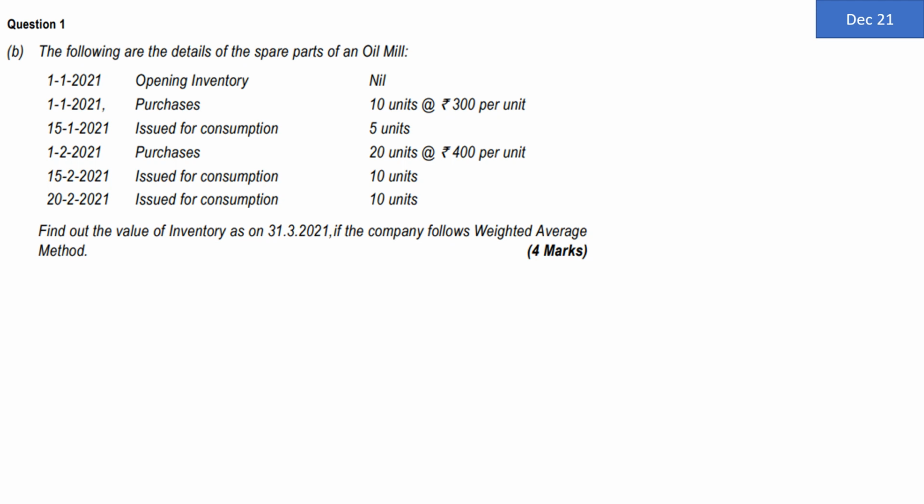Find out the value of inventory as on 31st of March 2021 if the company follows weighted average method.